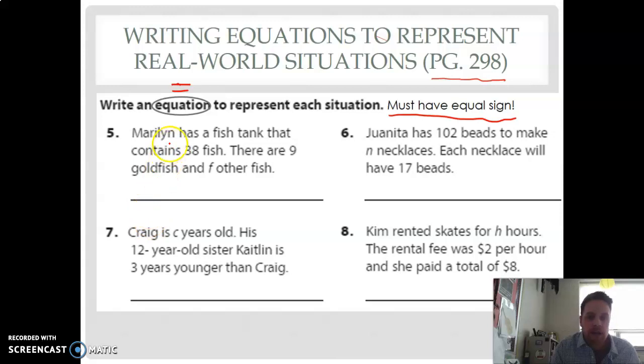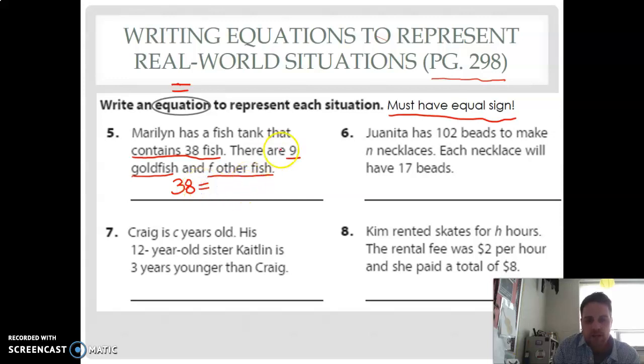So Marilyn has a fish tank that contains 38 fish. So we know it contains 38 fish. There are 9 goldfish and F other fish. We don't know how many other fish, okay? But what we're being asked to do is write an equation to represent this situation. Well, it looks to me like she has 38 fish total.